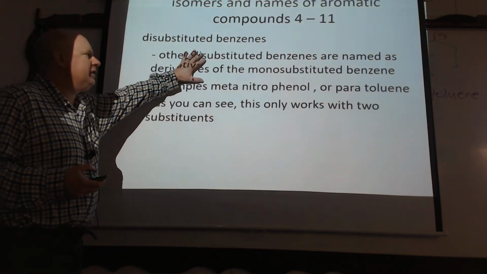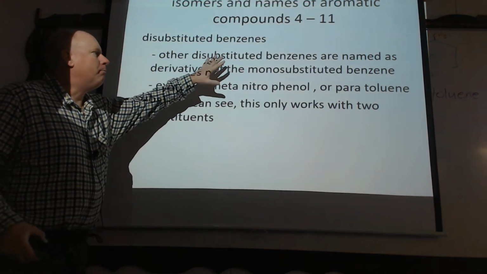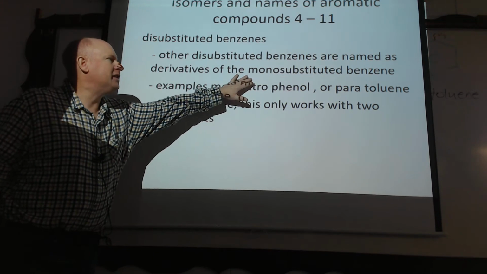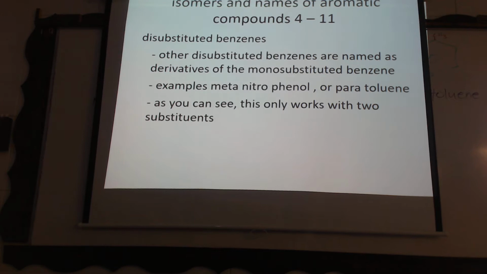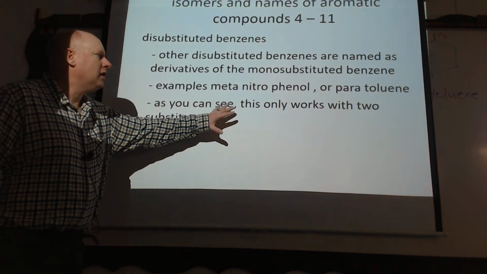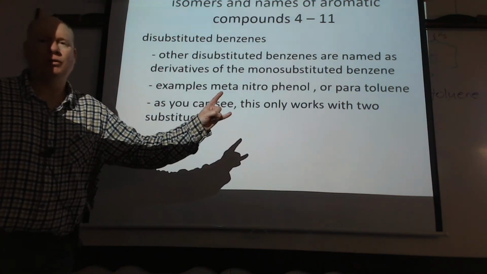Because behind this screen, we've got both monosubstituted benzene rings, and we illustrated one example of a disubstituted ring. It's not up there now, but we did that yesterday. So the examples that we'll show you here in just a moment are right here. And the examples that you're going to see will only work if there's two derivatives on there.